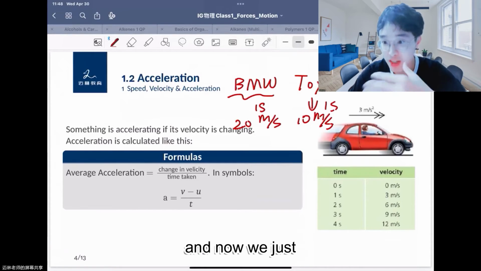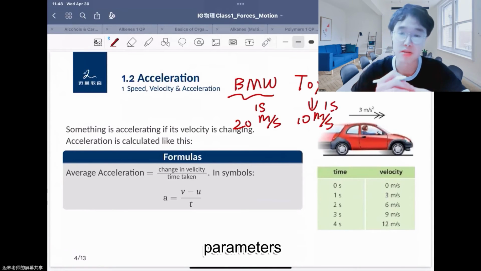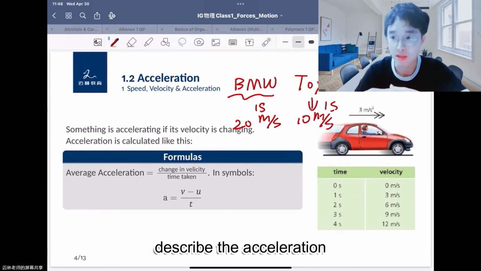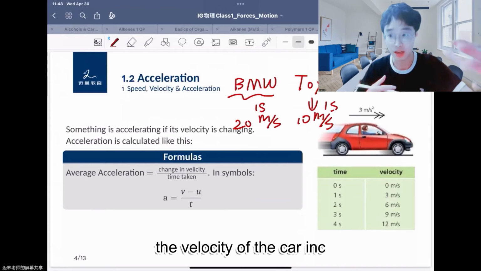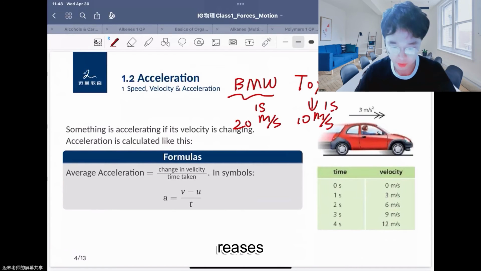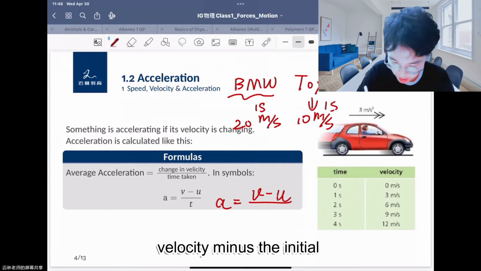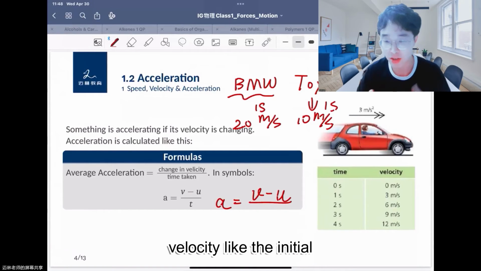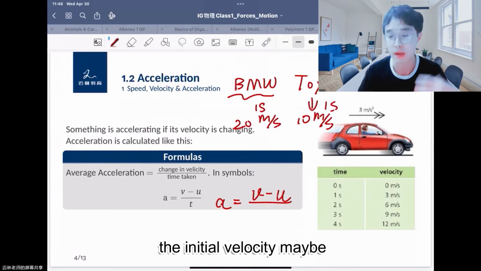And now we just use a new unit, or a new parameter, to describe the acceleration. That means in just 1 second, how much the velocity of the car increases. So here you can use acceleration equals the final velocity minus the initial velocity. Like the initial velocity when the two cars stay still, the initial velocity maybe equals 0.